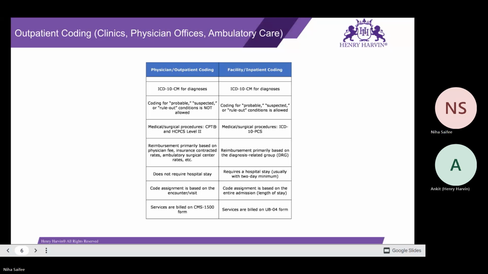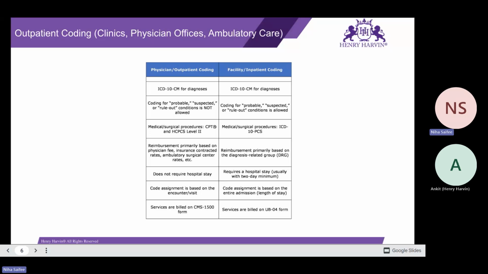In inpatient, you look at the admission stay, how many days the patient was admitted in the hospital. In outpatient, services are billed on the CMS 1500 form, and in inpatient, the services are billed on the UB04 form.